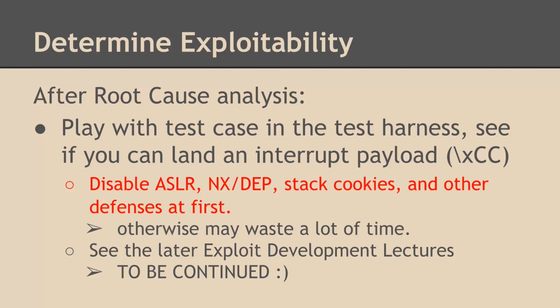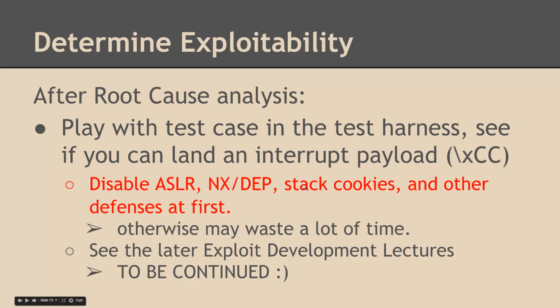Most notably, address space layout randomization, ASLR, as well as NX and DEP, and stack cookies if you have the source and can recompile it without those. They are useful to disable at this point because it allows you to hijack the instruction pointer with ease, if it is hijackable, and proceed in landing a really simple payload.